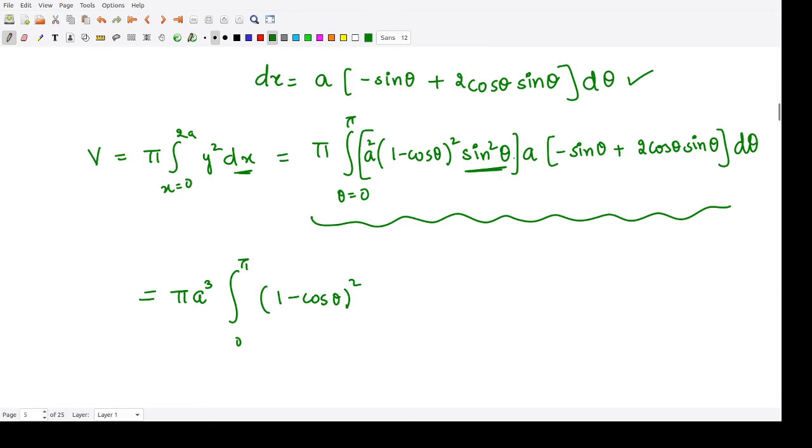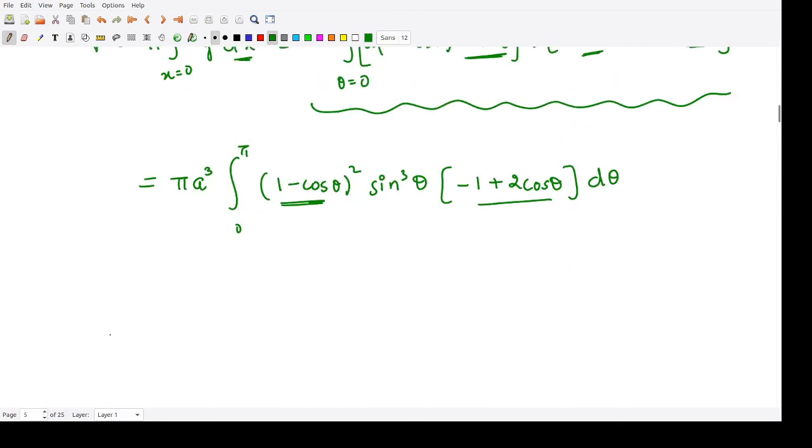One sine theta could be taken common from these two terms. So I have sine cube theta, and then I would be left with minus 1 plus 2 cos theta d theta. What is this term? 2 cos theta minus 1. And what is this term? 1 minus cos theta whole square.